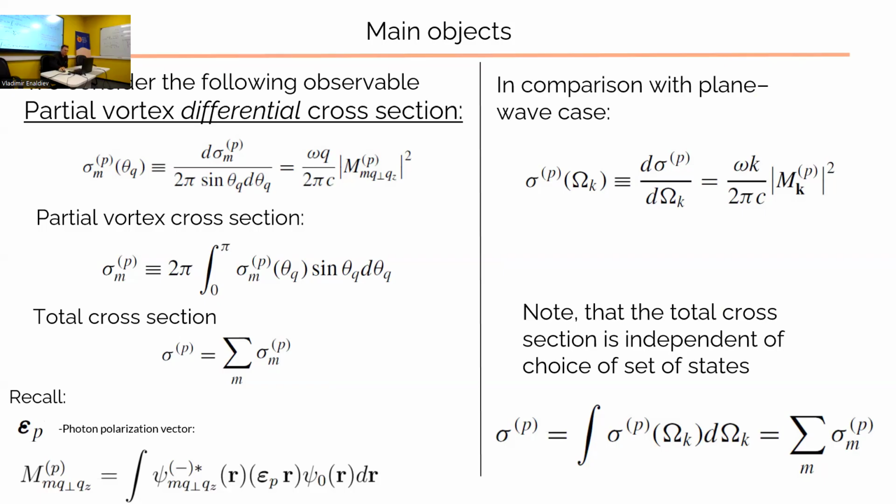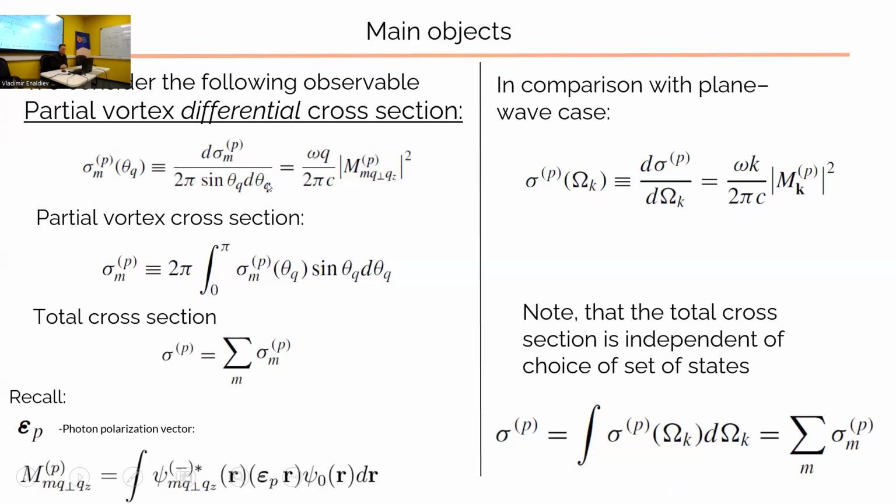So instead of the well-known differential cross-section in the plane wave case, we have a partial vortex differential cross-section, which represents how much electrons come from the ionized molecule to the state with fixed projection of the angular momentum, and fixed theta q.